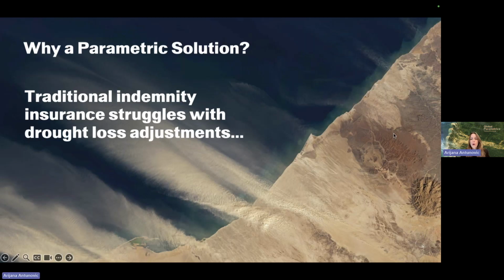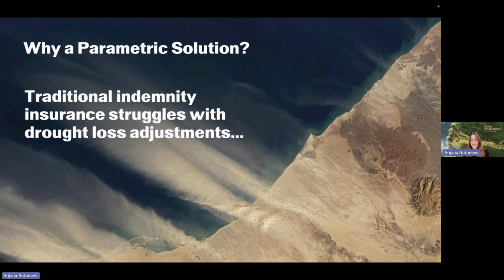When we look into why parametric solutions, obviously we know that there also exist traditional and indemnity-based insurance, as well as area yield or crop cutting experiments, but this could be very lengthy and subjective, especially the loss adjusters.